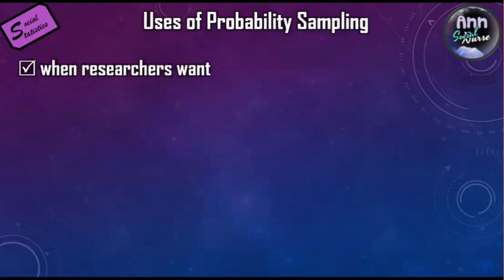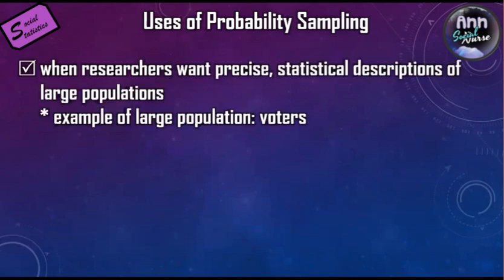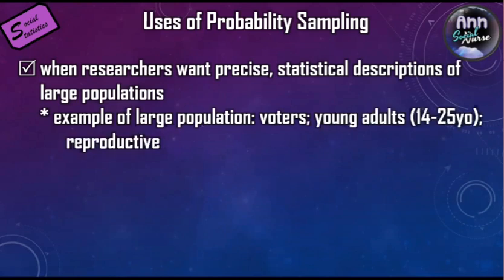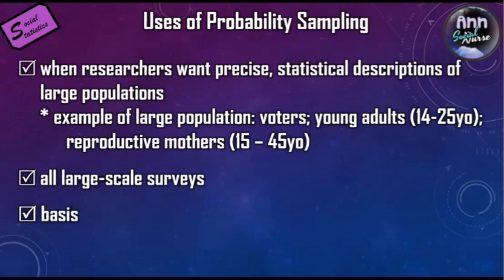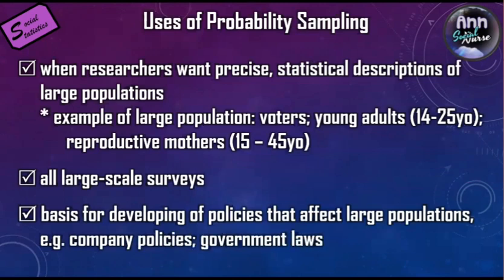Now, probability sampling is used when researchers want precise statistical descriptions of large populations. Examples of large populations: voters, young adults from 14 to 25 years old, reproductive mothers age 15 to 45 years old, for large-scale surveys.